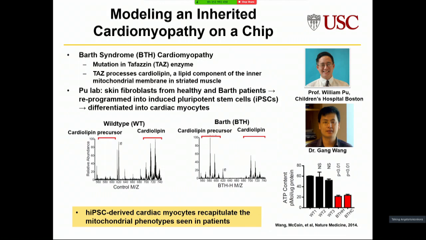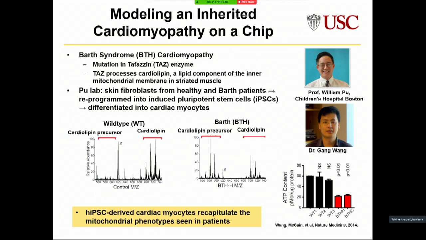So he had collected skin fibroblasts in their lab. They reprogrammed them to induced pluripotent stem cells, differentiated into cardiomyocytes, did some studies to validate that the cells were recapitulating the phenotype that they're seeing in the patient in terms of cardiolipin production, which is shown here, and also ATP generation. Because the mitochondria are not forming properly in these cells, ATP generation is also affected.